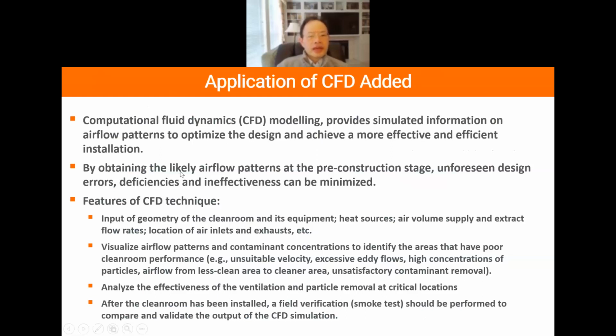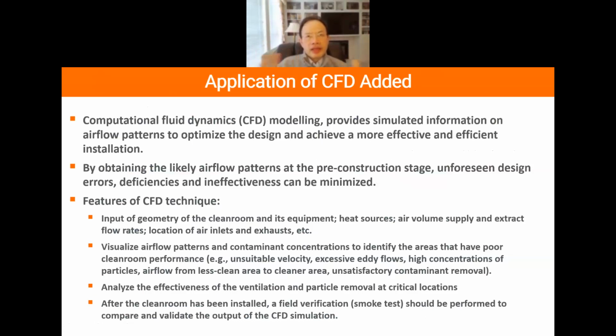By obtaining the likely airflow pattern at the pre-construction stage, typically during design, when you have nothing to test, you cannot do a smoke test because the room is still on the drawing board in the office.